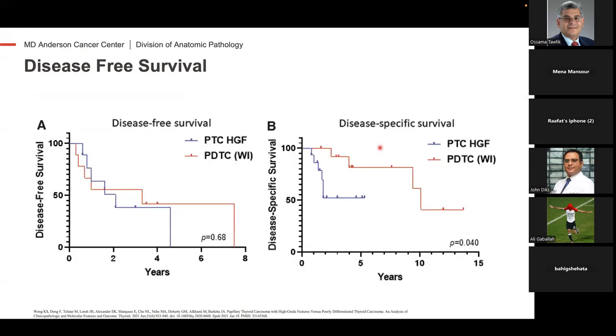And the survival for these is very similar to poorly differentiated thyroid carcinomas. So, once you diagnose that, it helps the oncologist to maybe have a more aggressive therapy than anything else. Okay.